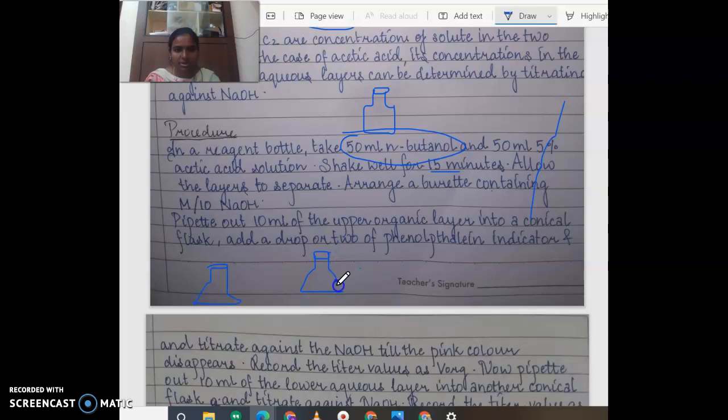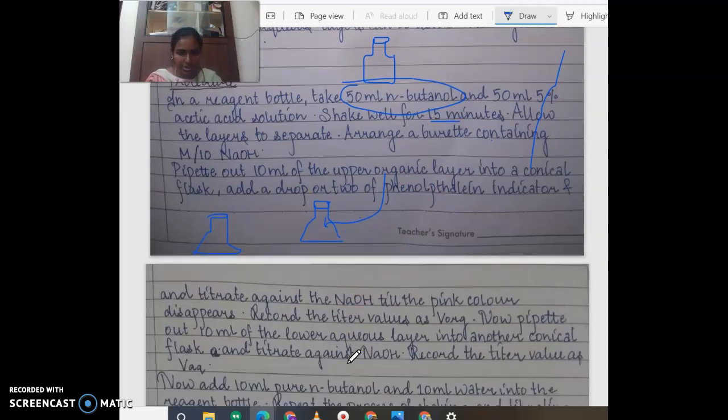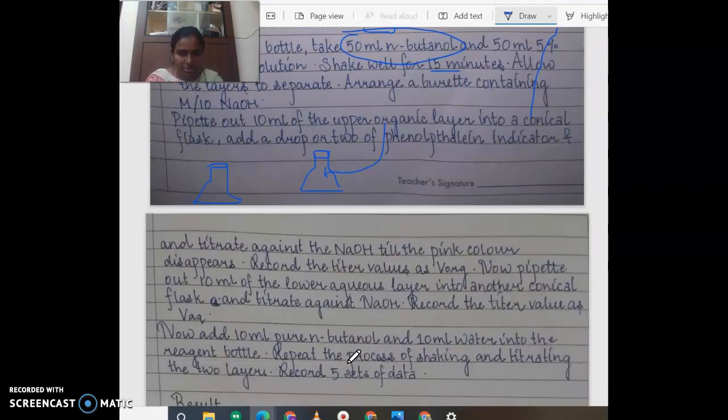Of the two layers, the upper layer is the organic layer. From that you add 10 ml to the conical flask, then add phenolphthalein indicator and titrate against NaOH. That is the second step. In the third step, you take another conical flask and take 10 ml from the bottom aqueous layer.